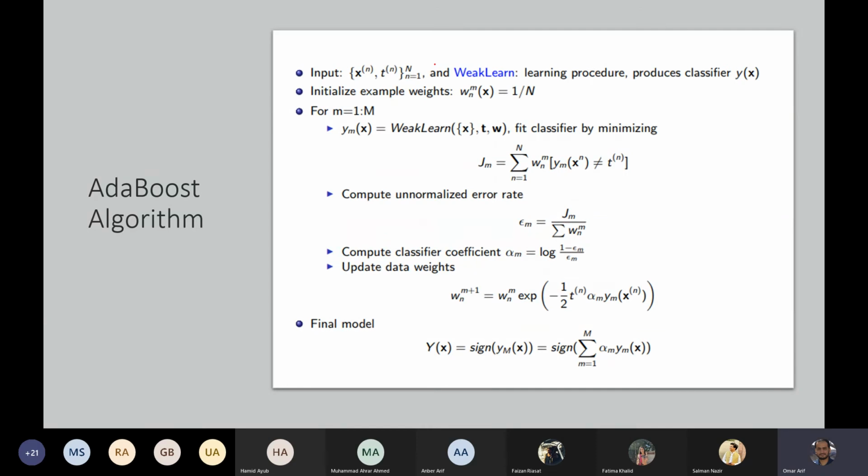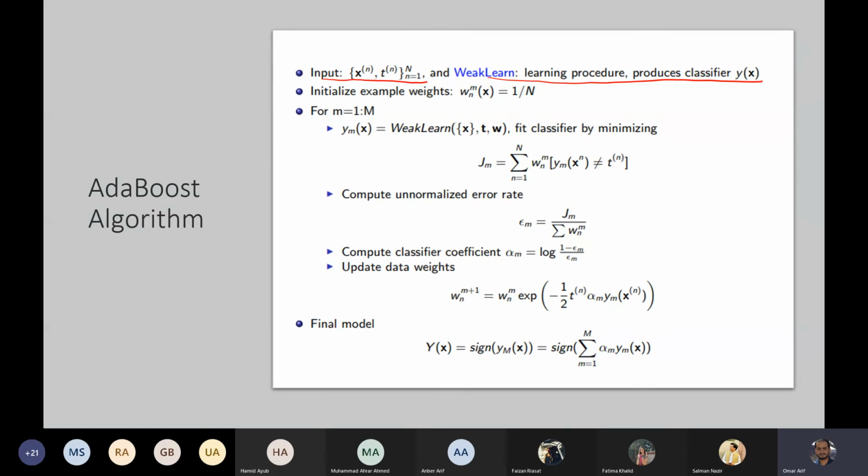This is the overall algorithm. We have the input, and we are given a weak learner. A weak learner can be even a decision stump, which basically means a decision tree with only one root node.